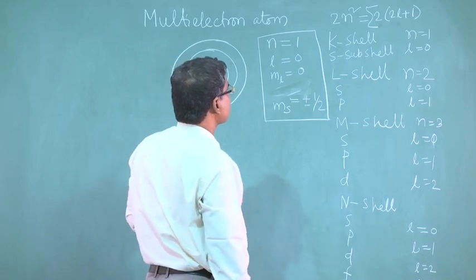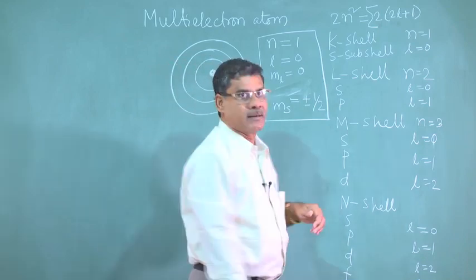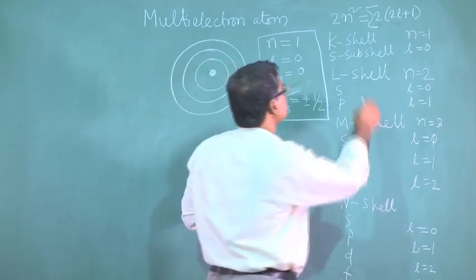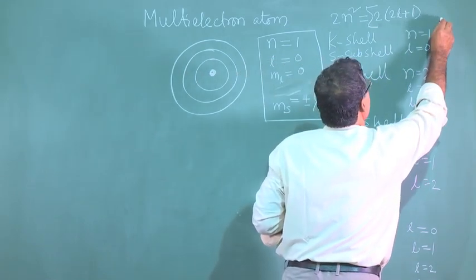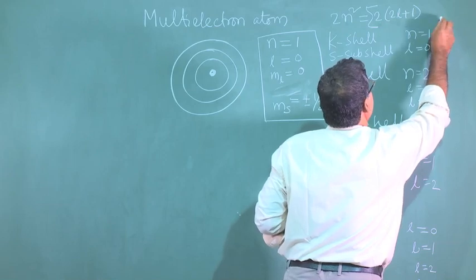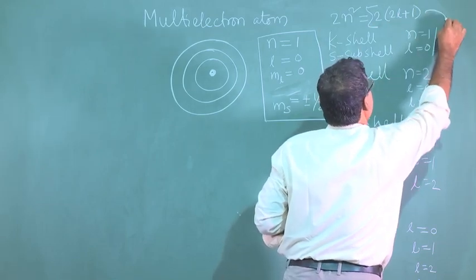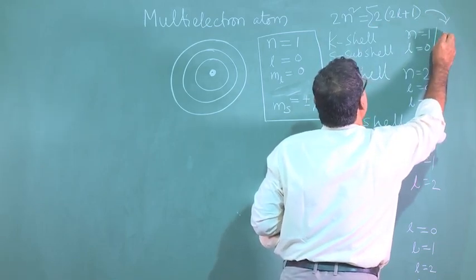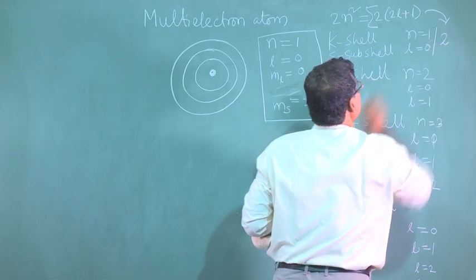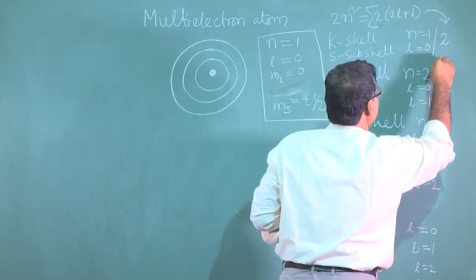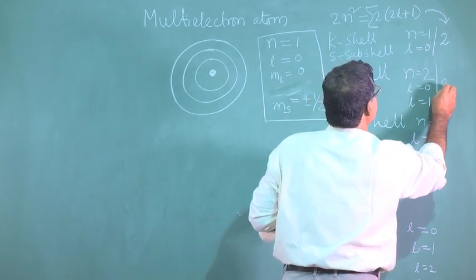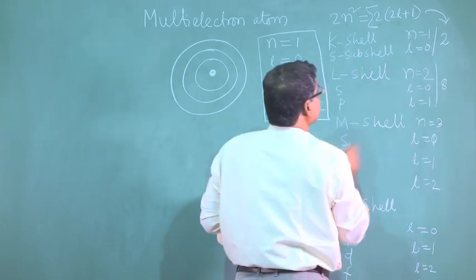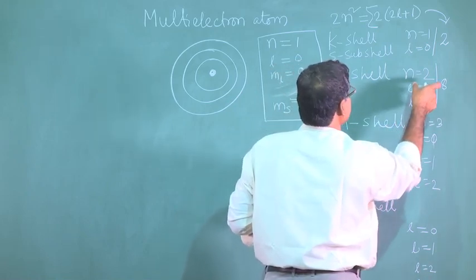So the K shell can take 2n square, basically 2 electrons. The L shell can take 8 electrons, 2 plus 6.